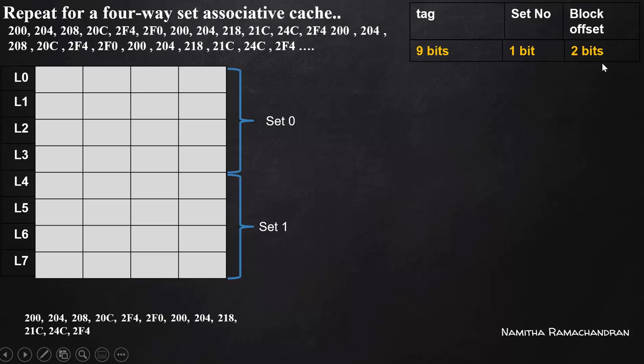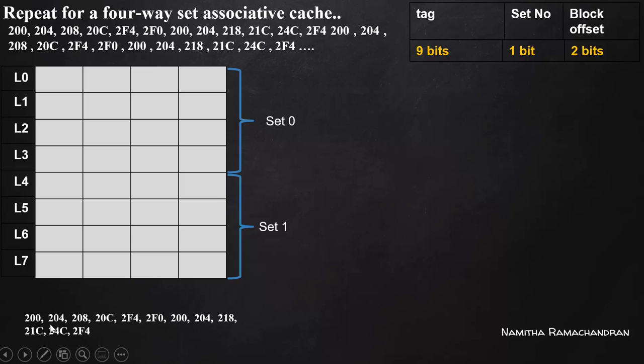Those 4 different values are used for addressing each of the bytes of our cache line. And the remaining 12 minus 2 minus 1, that is the remaining 9 bits, act as the tag field value. The tag field values are used for identifying whether a particular requested memory word is present in the cache or not.